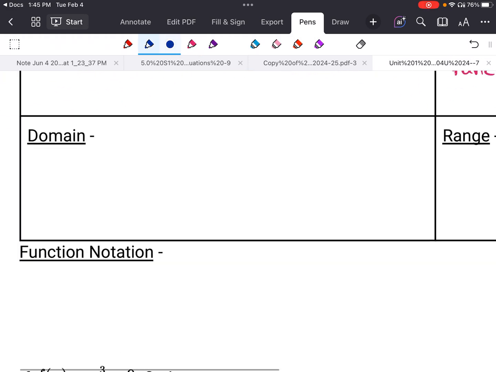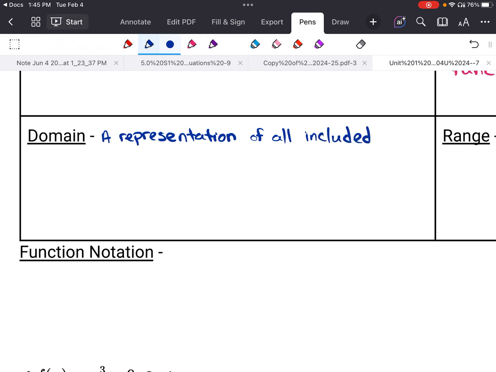Okay, domain is a representation of all included independent values within a function. Remember, independent is x.